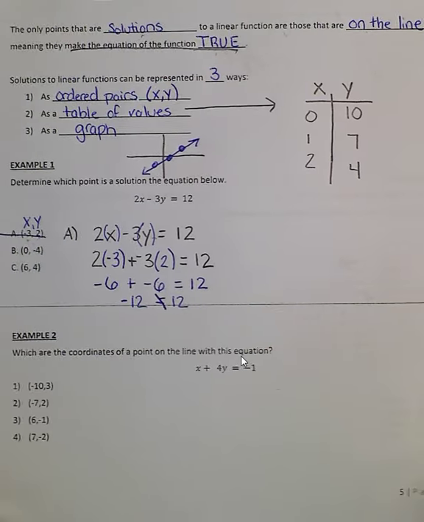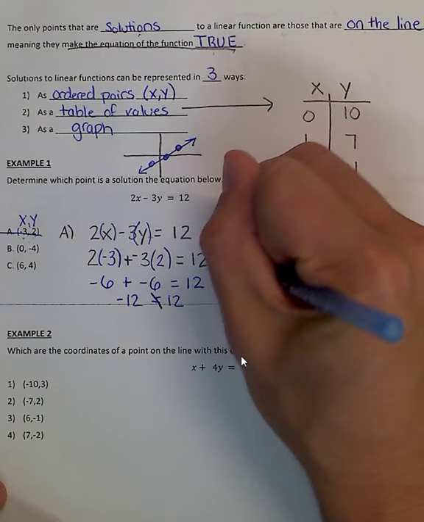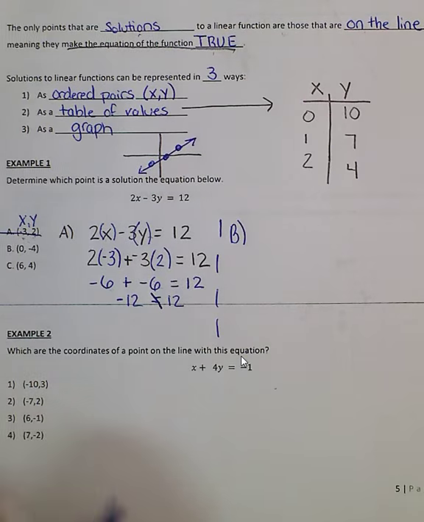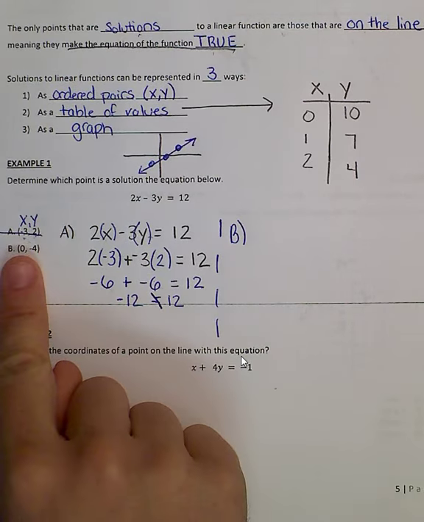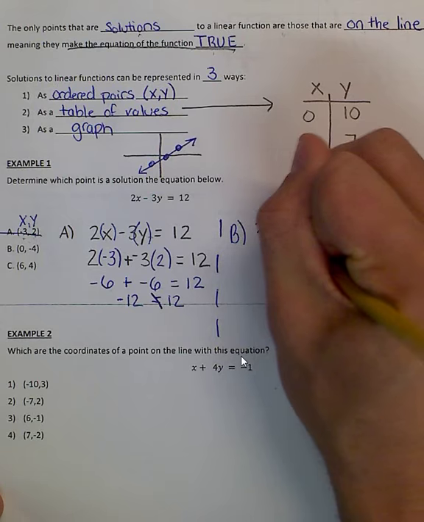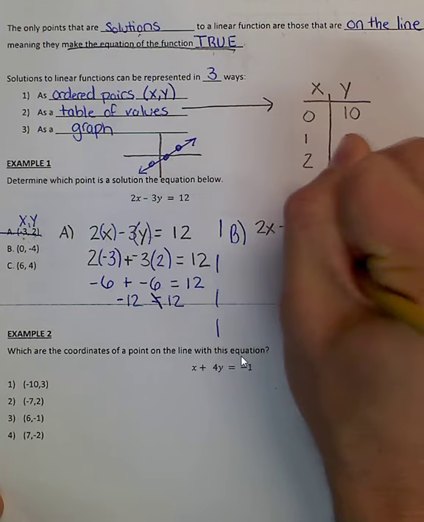So I have to try B. Does B work? Well, B is the coordinate 0, negative 4. So again, I'm going to take my equation, I'm going to write it down. 2x minus 3y equals 12.